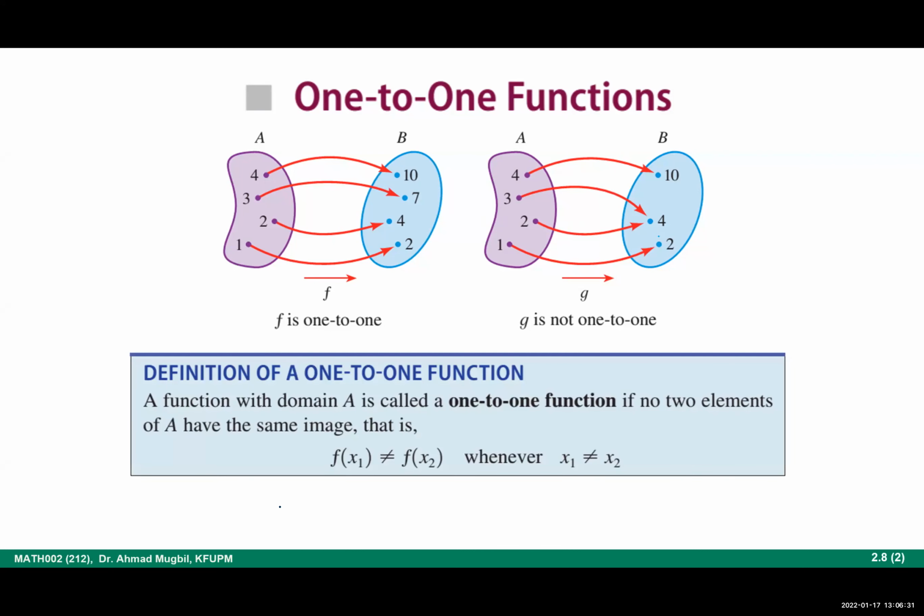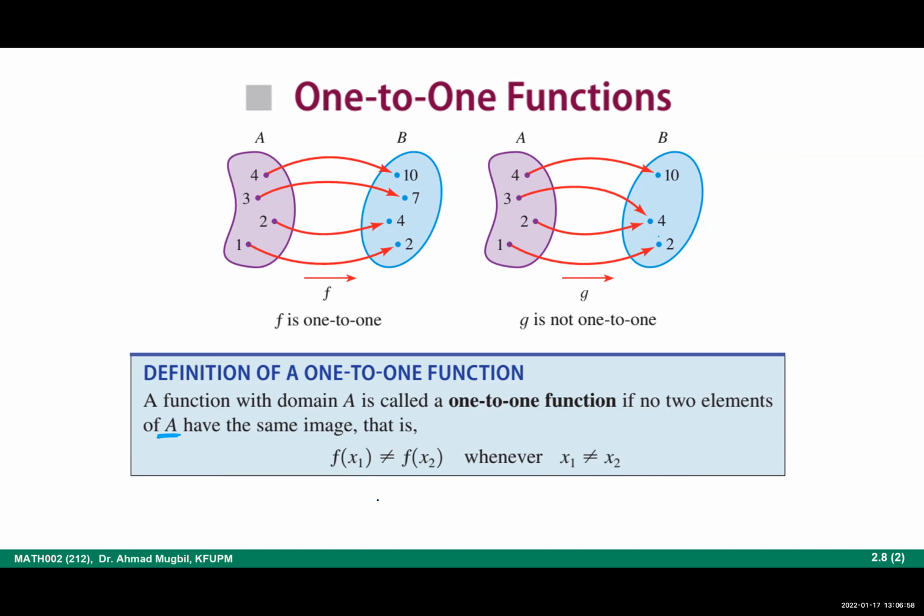So formally now, the formal definition of one-to-one function is this. The function with domain A is called one-to-one if no two elements in the domain have the same image, the same y value. In other words, y1 is not the same as y2 whenever the x values are not the same.